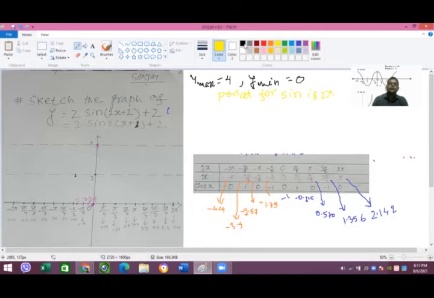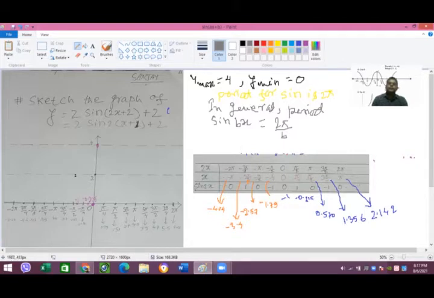So in general, the period for sine of any coefficient times the given angle will be given by 2 pi by b.